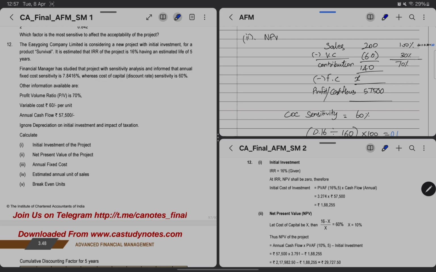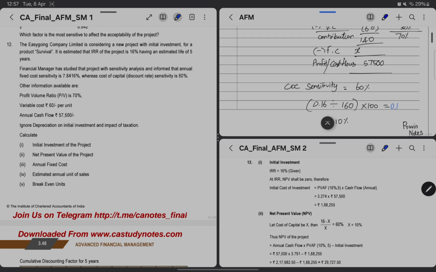Before going further to NPV, we need to calculate the cost of capital. For calculating NPV, we need a cost of capital, as we have the initial investment of the project and we have annual cash flows, but we don't have the discount rate at which we have to discount it, but we know the sensitivity is 60 percentage.